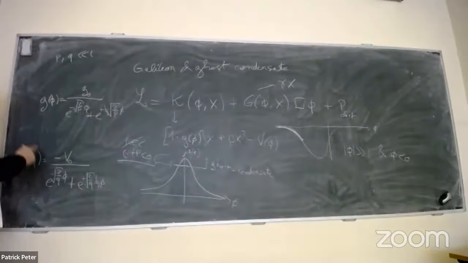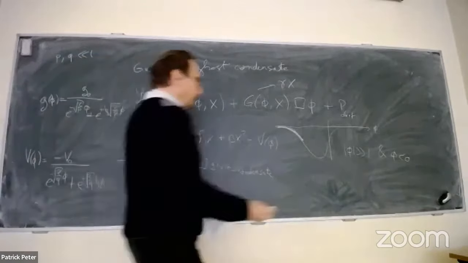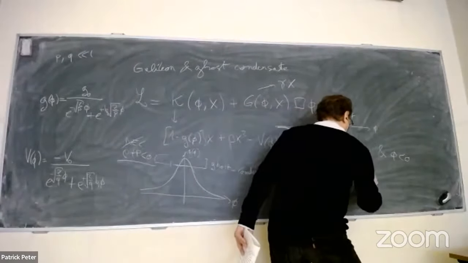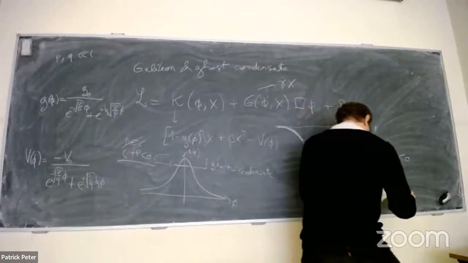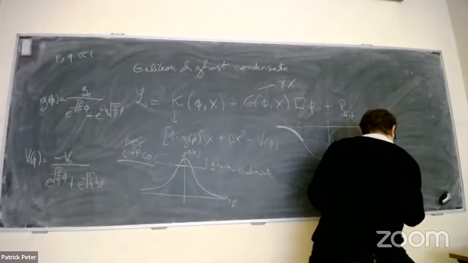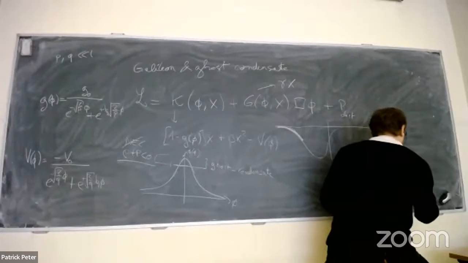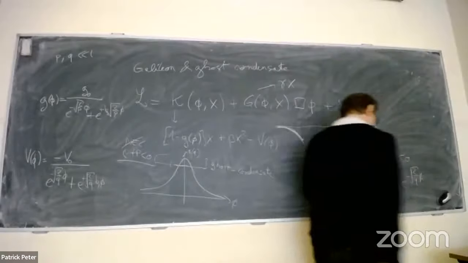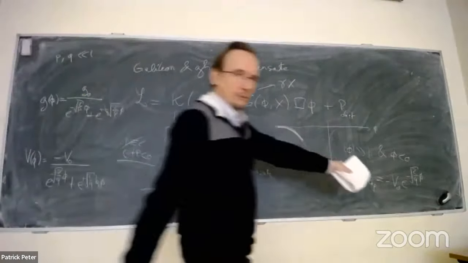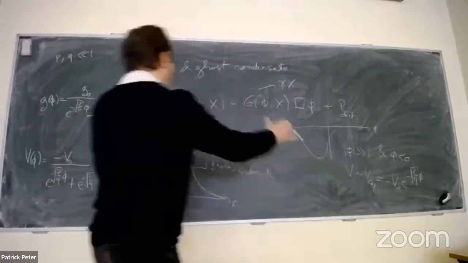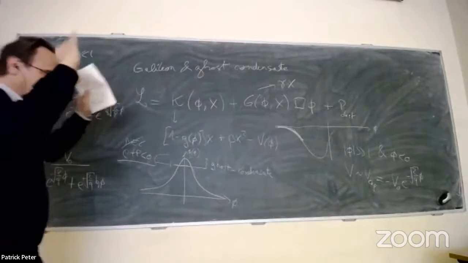I can see immediately that the potential V becomes the Ekpyrotic potential, which is minus V0 exponential minus 2 over Q times phi, right?